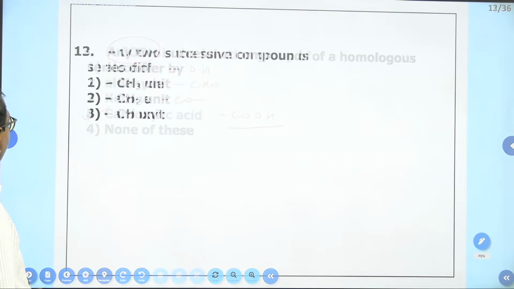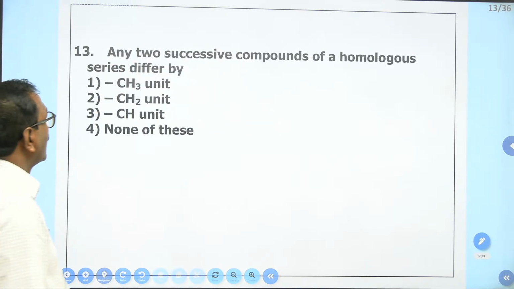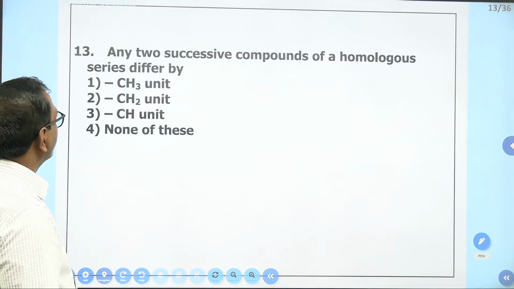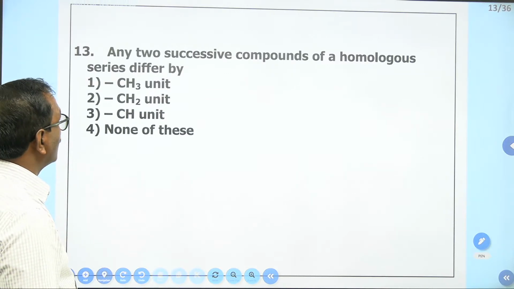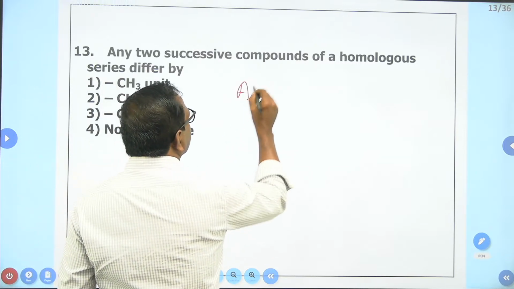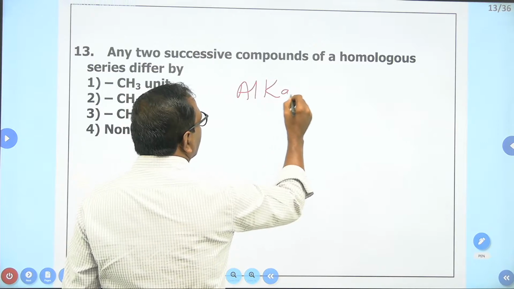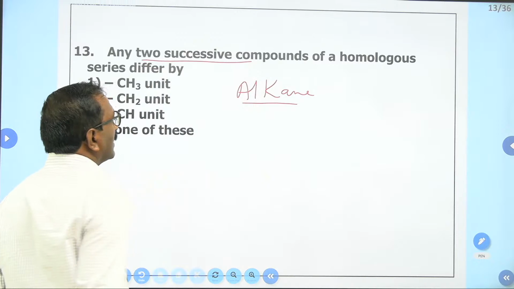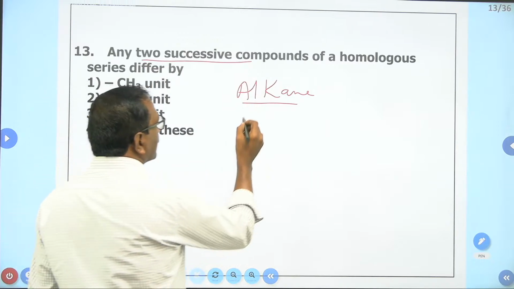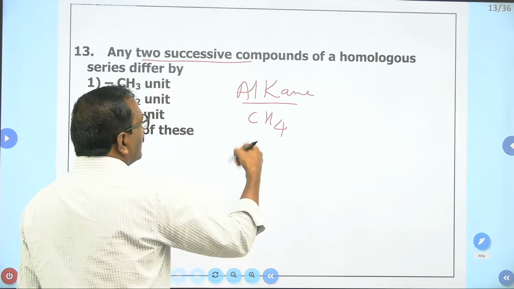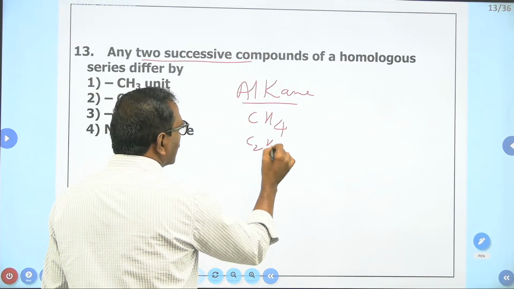Now the next question: any two successive compounds of a homologous series differ by dash. Any two members of a homologous series. Suppose you consider alkane, this is one homologous series. Any two successive compounds: the first member of alkane is methane, and the successive compound is ethane.